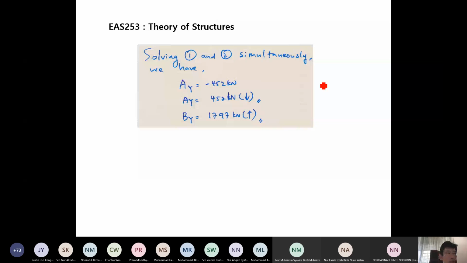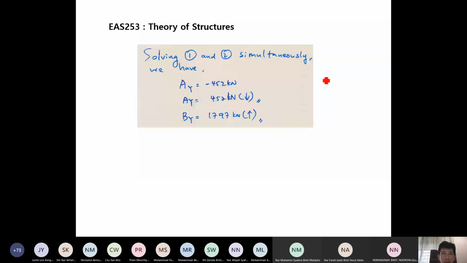So this is one difference from case 1, where we did not need to solve simultaneous equations because we can get the unknown forces directly from one equation. But in case number 2, because of the location of the hinges, which changes from the first span and the third span to the mid span, we cannot get AY or BY or any other forces directly.